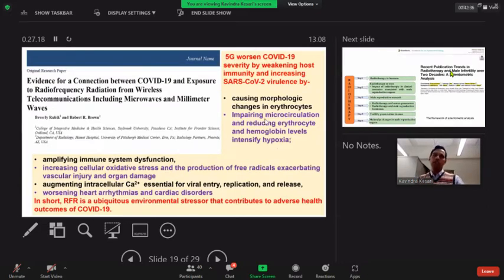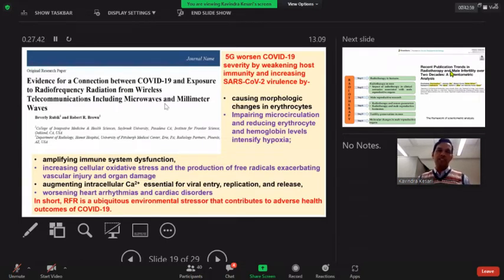I just took this slide as a part of radiation. Nowadays most people are talking more about COVID. Someone has published a paper showing that in COVID, this radiation plays a very important role. I just came to know yesterday.